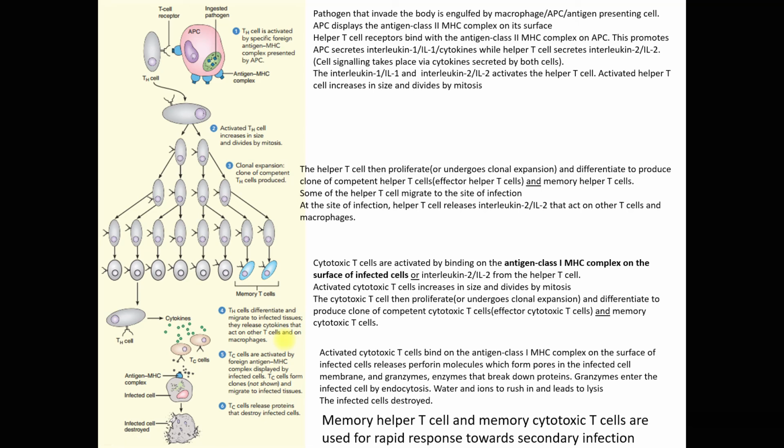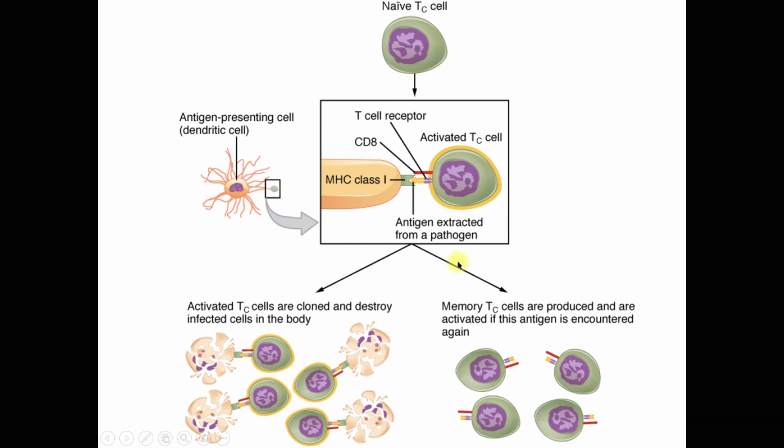So how is that? Okay, here. So when there is a secondary infection, what happens? The memory cytotoxic T cells will undergo proliferation and differentiate into activated cytotoxic T cells and memory cytotoxic T cells again.